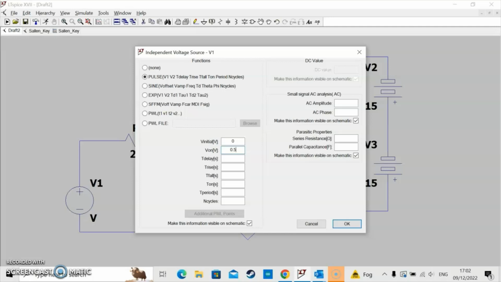So it needs to be set to 0.5 to allow MATLAB to read it properly. Have it on for 2 seconds. Now I'm going to just look at 1 second.